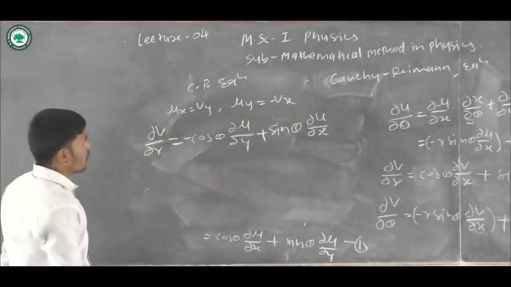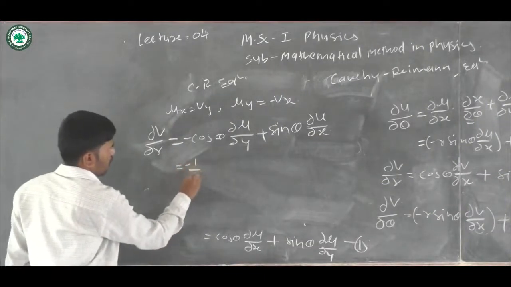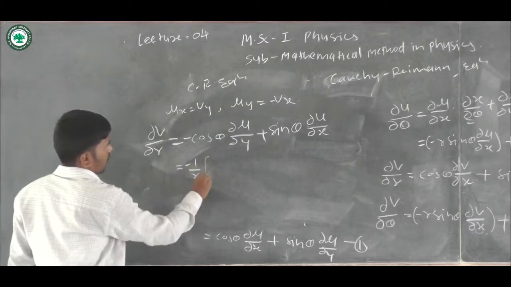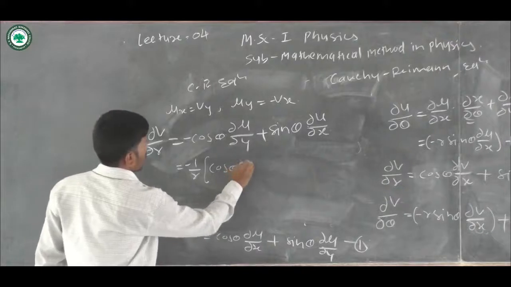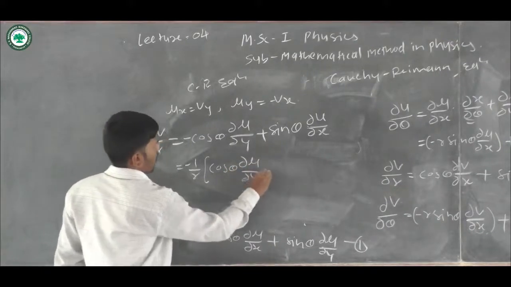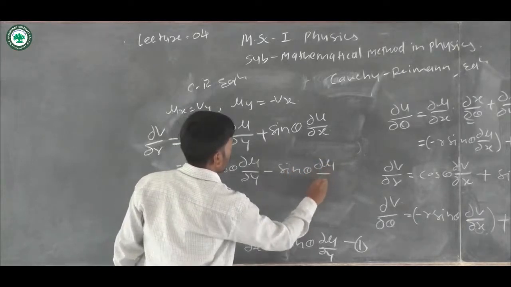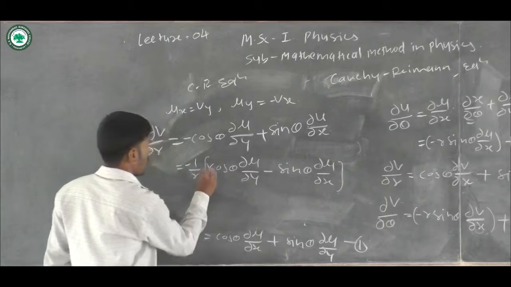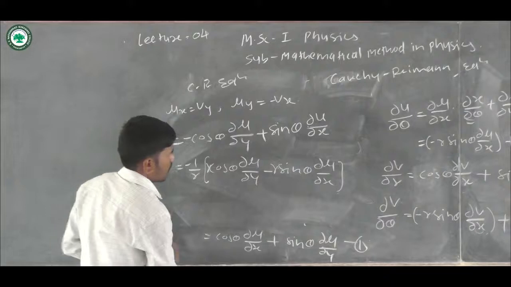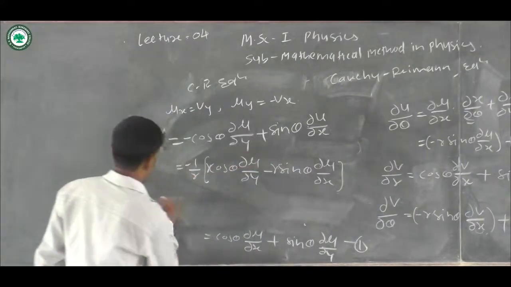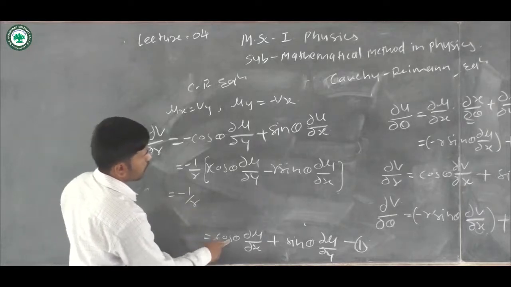Now just multiply with minus 1 by r. So what do we get? Cos theta ∂u/∂y minus sin theta ∂u/∂x, here is r. So this 1 by r, if we compare with these equations, where is it?